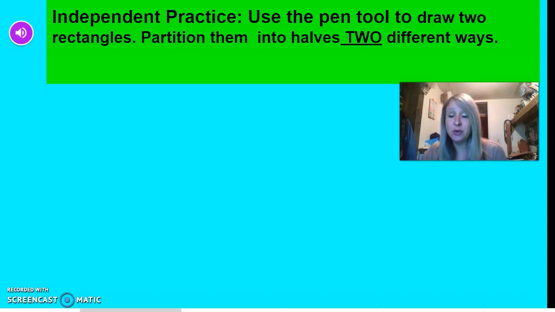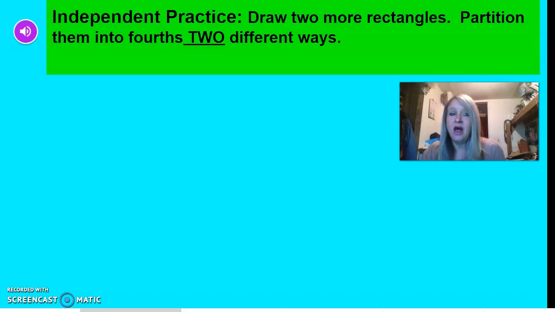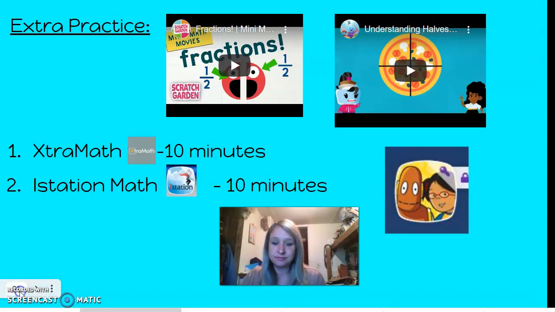On this page, you're going to draw 2 more rectangles, but this time you're going to partition them into fourths, 2 different ways. Fourths means 4 equal parts.